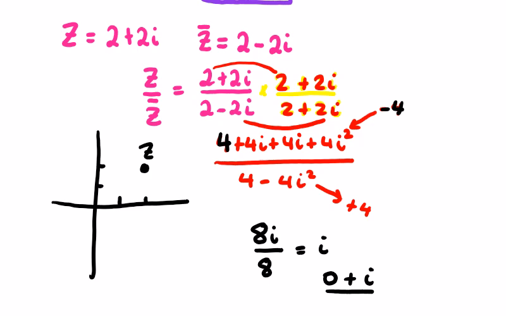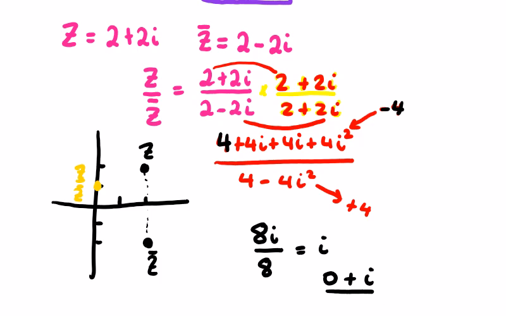The conjugate 2 minus 2i just reflects through the x-axis. So this is the conjugate of z. And the division gave us 0 plus i, which is going to be on the y-axis. If we did it here, that would be 1 plus 0i, so not that one. And this is z over the conjugate of z. So all three are plotted on the diagram.